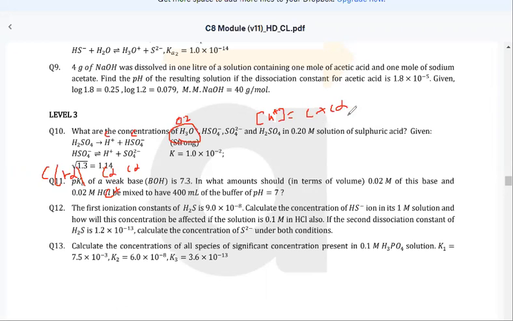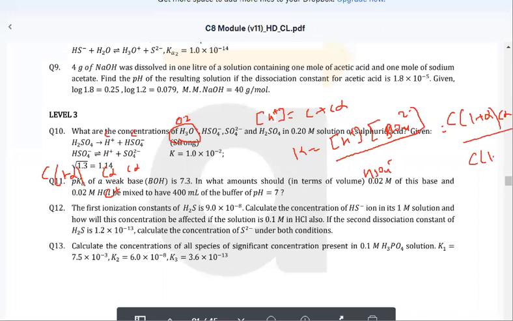Using common ion effect, C plus C alpha, and K is equal to what? Concentration of H plus into concentration of SO4 2 minus, divided by concentration of HSO4 minus, which is C bracket 1 plus alpha into C alpha, divided by C bracket 1 minus alpha.